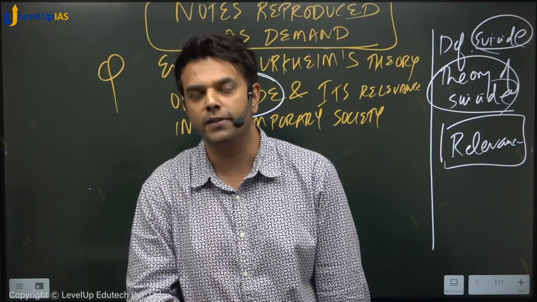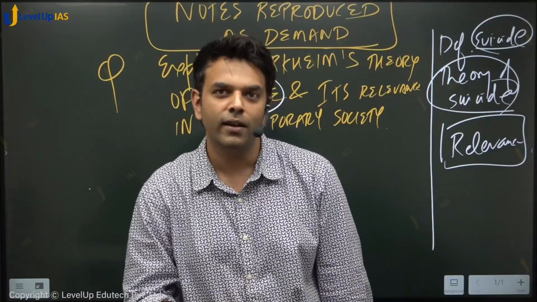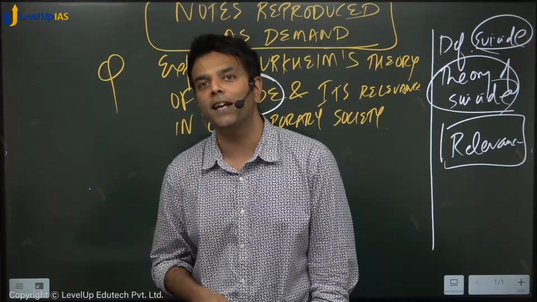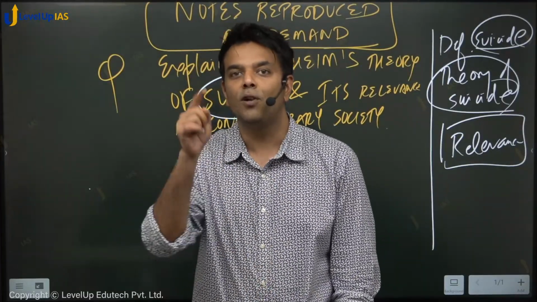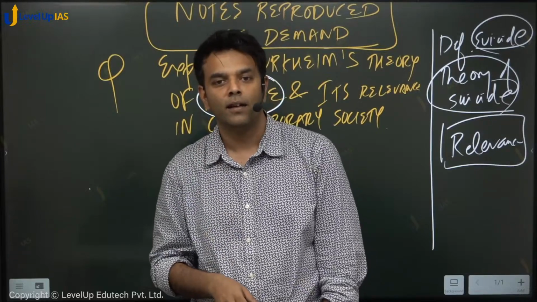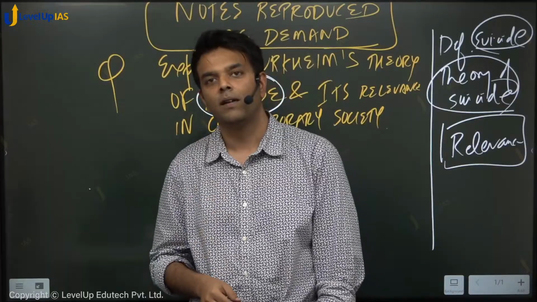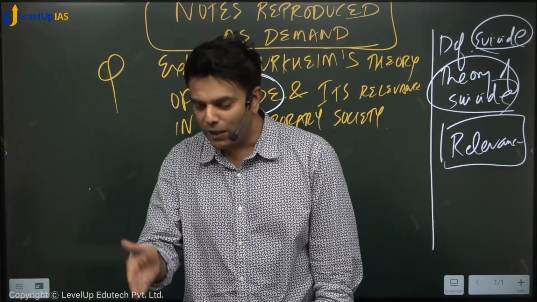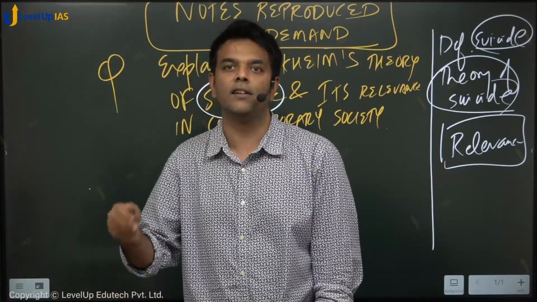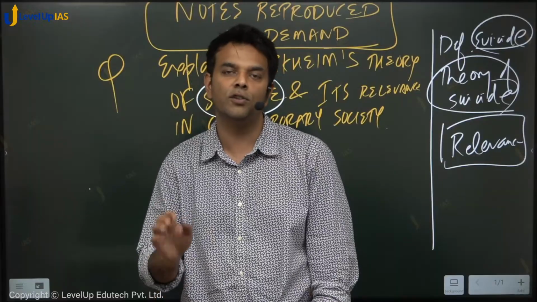Okay, if not consciously. You will talk about altruistic, egoistic, fatalistic, anomic, and you will consider this as theory of suicide. No, this is not theory of suicide, this is typology of suicide. What does it mean? Issue is with the static itself. No extra thinker is going to help you if the given thinker itself requires extra attention, which you are not giving to it. This is the issue.